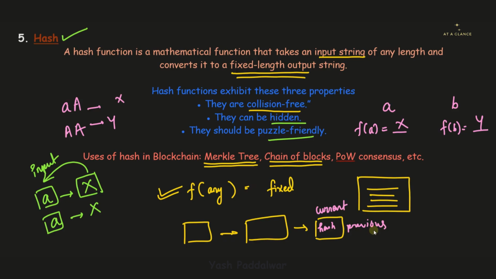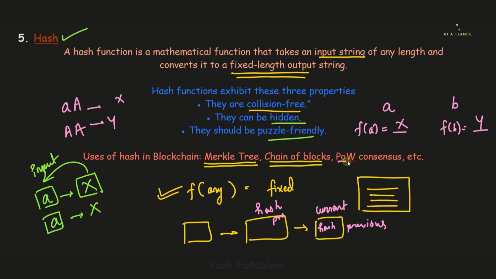And since it stores the hash value of the previous block, it becomes very simple to figure out that this particular block belongs to the chain of transactions of this blockchain network. So every single block will have the hash value of the previous block. This is how it goes. This is one of the usages of hash function in blockchain.